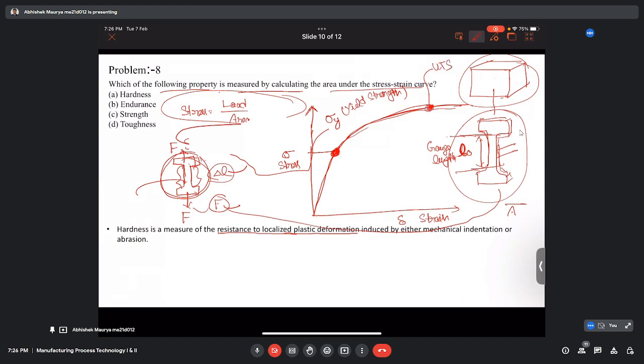That is the maximum value of the stress we get during this tensile test. So that is called the ultimate tensile strength.